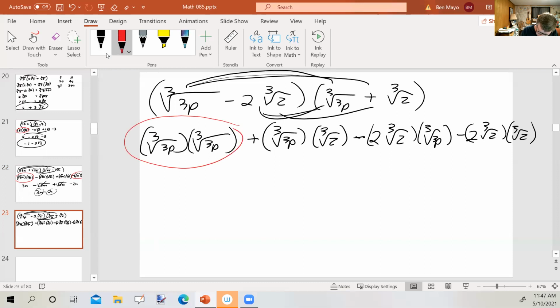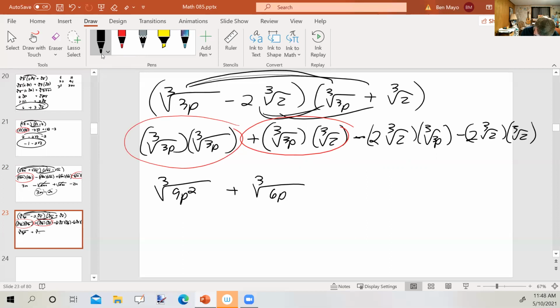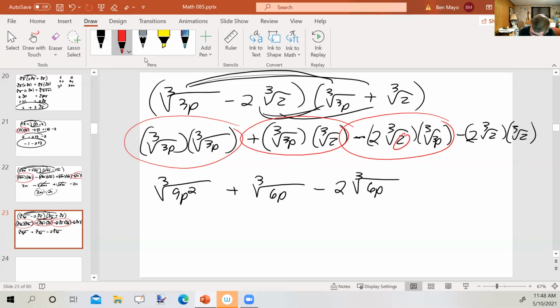Taking these first two and putting them together, we would have the cube root of 9p squared, and 9 can't be broken down into a cube, neither can p squared, so that's going to be stuck as it is, plus here we're going to have the cube root of 2 times 3, 6p, okay, and here minus 2 cube roots of 6p, because we've got the 6p there and the 2 outside, and then finally minus 2 cube roots of 2 times 2, or 4.